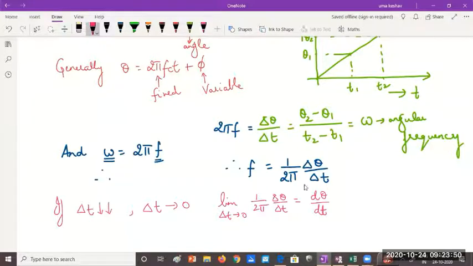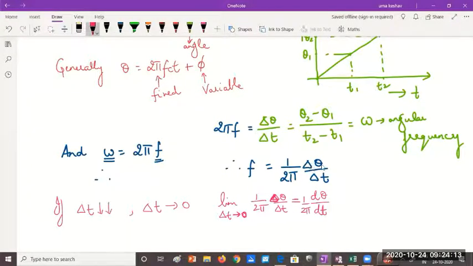Whenever this delta t, or change in time, becomes very small or tends to 0, if I apply limits, 1 by 2 pi remains as it is a constant. So I get 1 by 2 pi d theta by dt instead of delta theta by delta t.